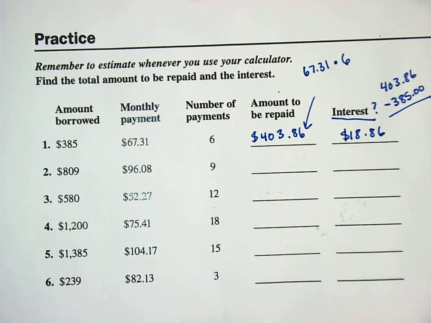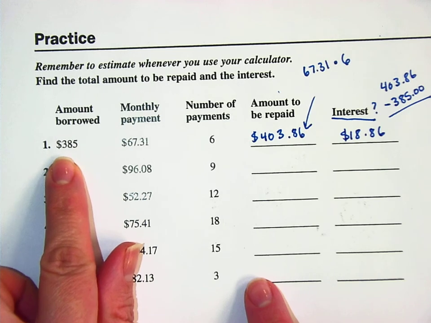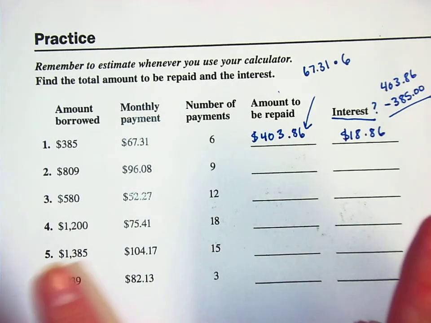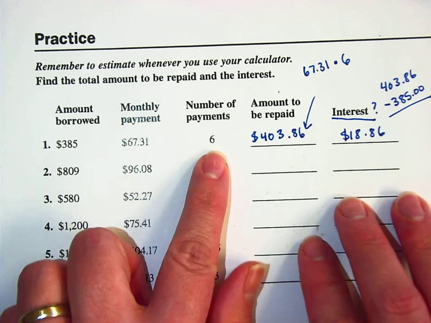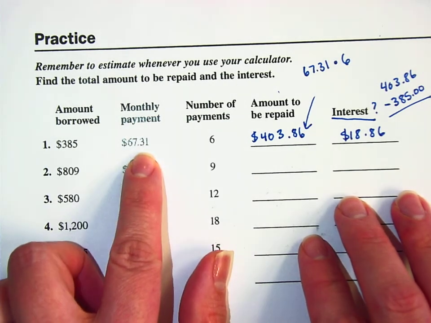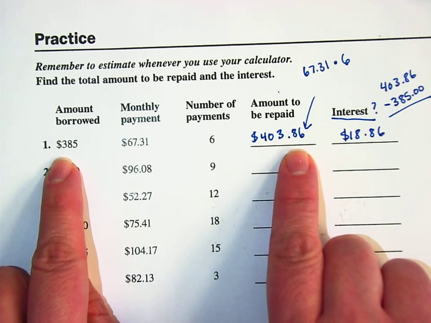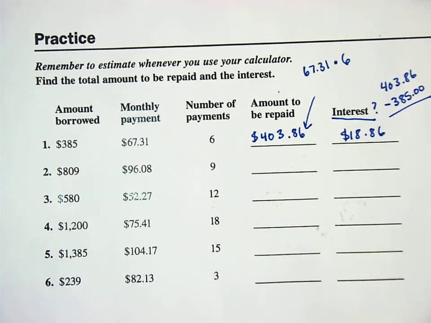Basically, I said I want to borrow $385, and they said no problem, you have to pay it back over 6 months and you have to pay this much back. So in the end, I paid back $403.86 because they charged me $18.86 interest.